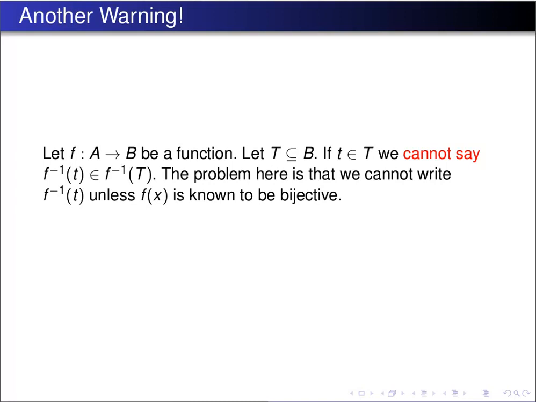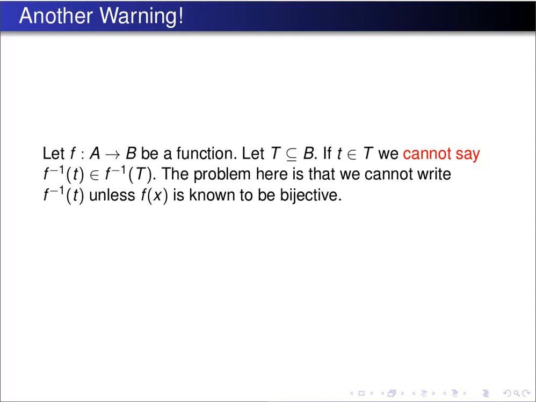In other words, f inverse of T, that notation means the preimage of the set T. That's always defined. But if you say f inverse of little t, like an element of the set B, then you are assuming that the inverse of the function f is defined, and it may not be. Okay, so you just have to be careful.